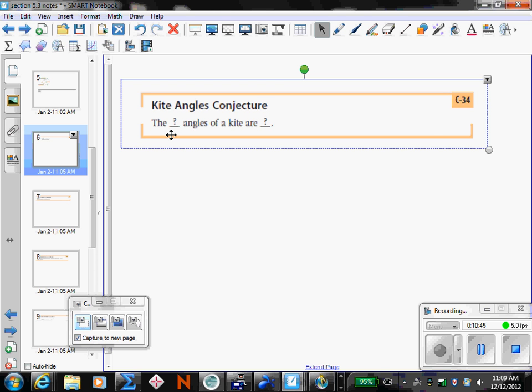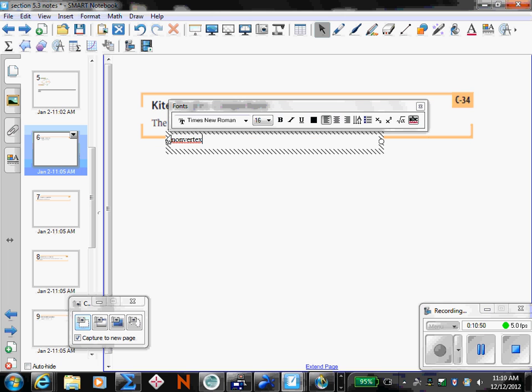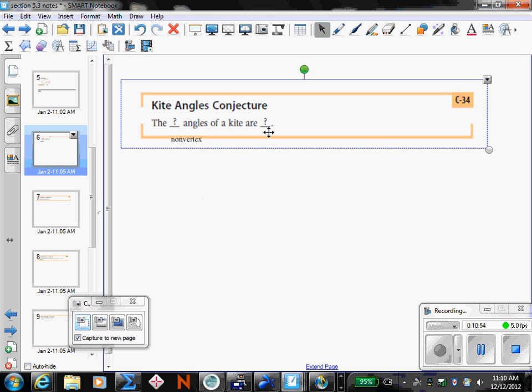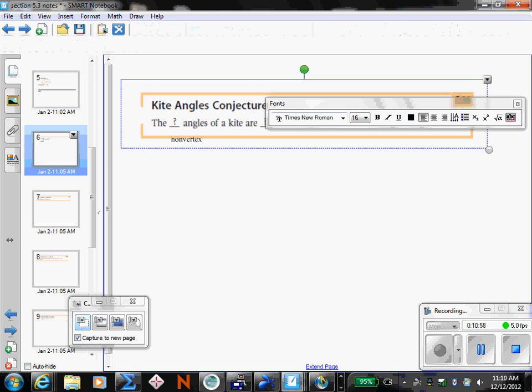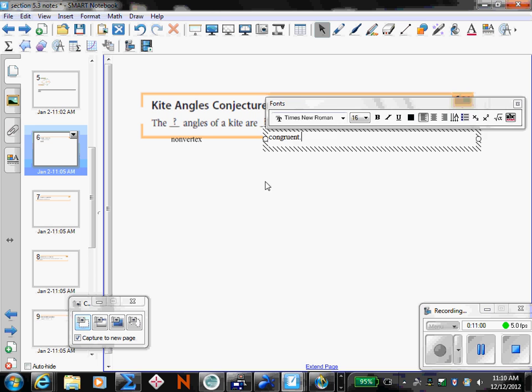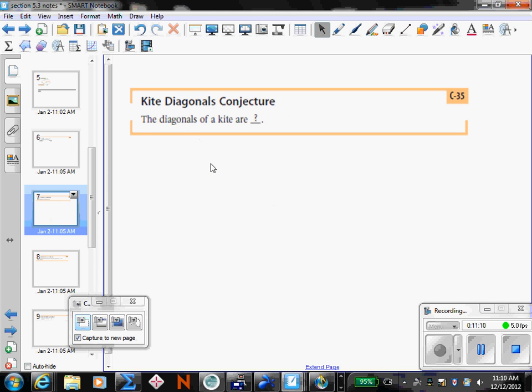The non-vertex angles of a kite are congruent. So the non-vertex angles of a kite are congruent is conjecture 34. The next conjecture, the diagonals of a kite are perpendicular.